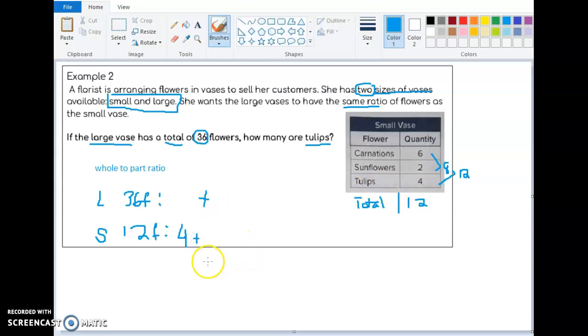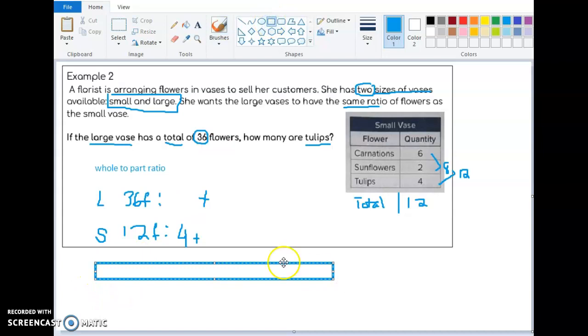Okay, let's go ahead and model again. Let's draw another picture. And we're going to use the small vase, okay? We're going to draw the least amount, all right? We're at 12.